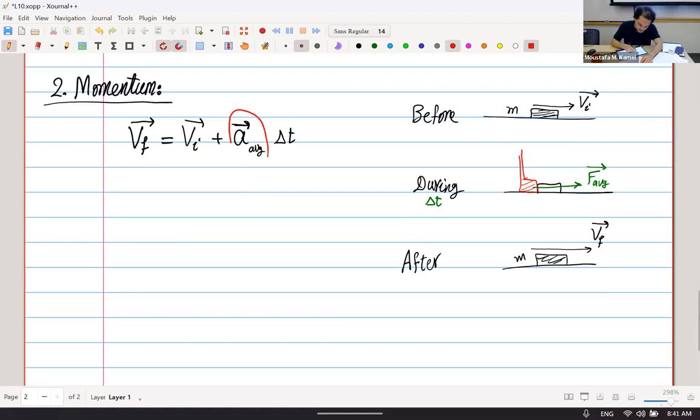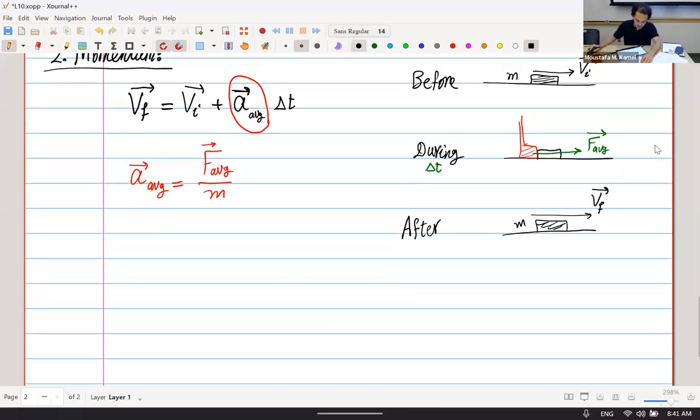And we can replace this A average from Newton's second law because we know F. We know A from Newton's second law is equal to force over mass, right? So if we substitute that, we get velocity final equal velocity initial plus F average multiplying time over mass.